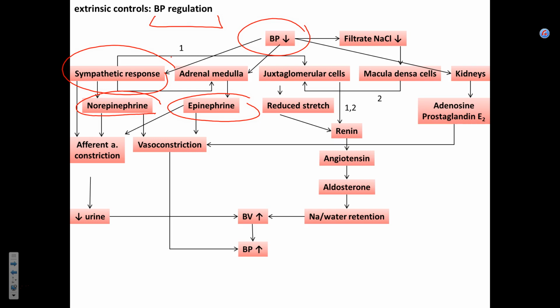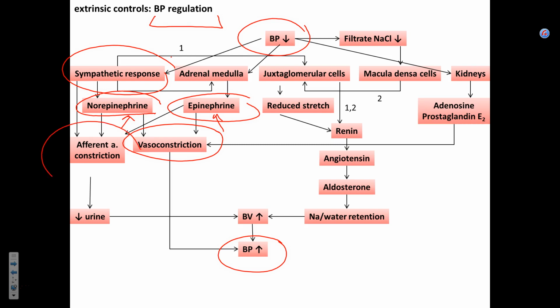So both these hormones will lead to vasoconstriction, which will lead to elevated blood pressure, not only because vasoconstriction leads to the elevated blood pressure, but also, if you think about it, systemic vasoconstriction, how will it affect kidney perfusion? How will it affect the blood flow through the kidneys? Decrease it. Blood flow through the kidneys decreases, meaning less urine is produced, blood volume will increase, and so forth. Does that make sense?